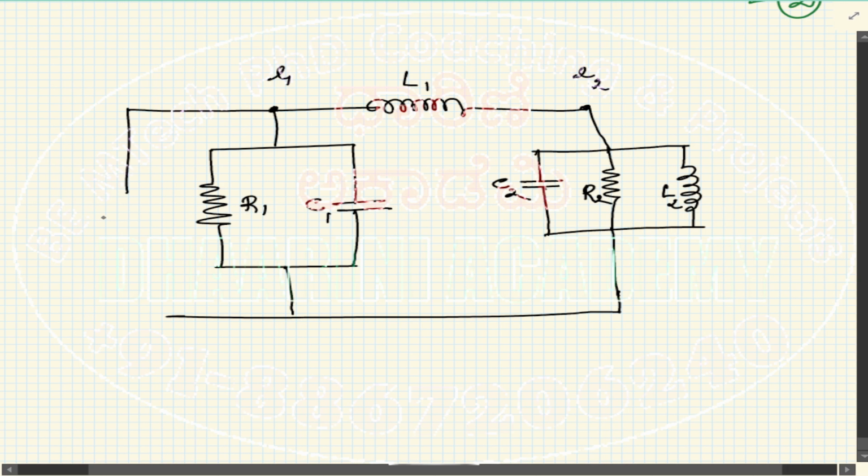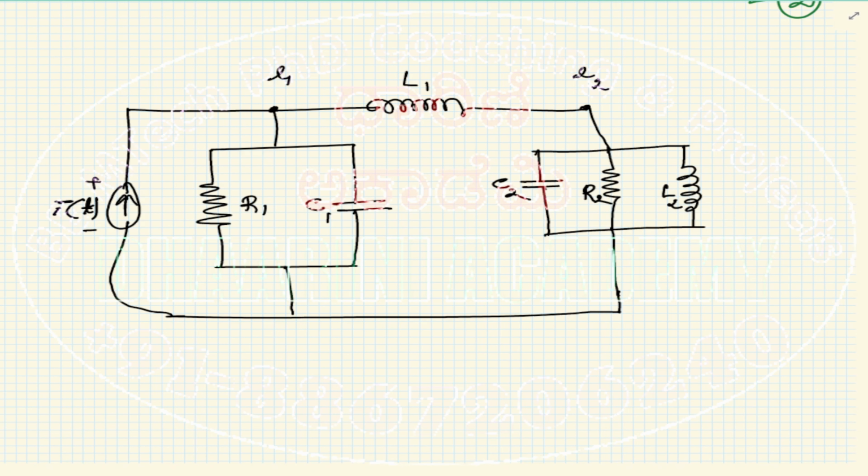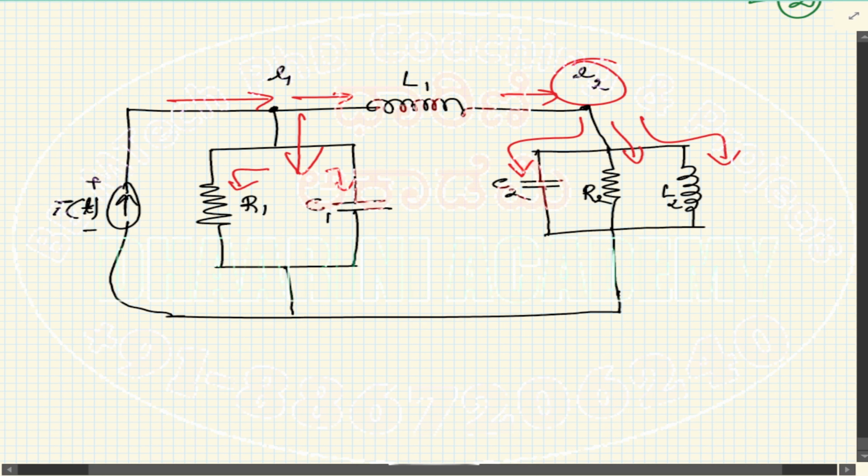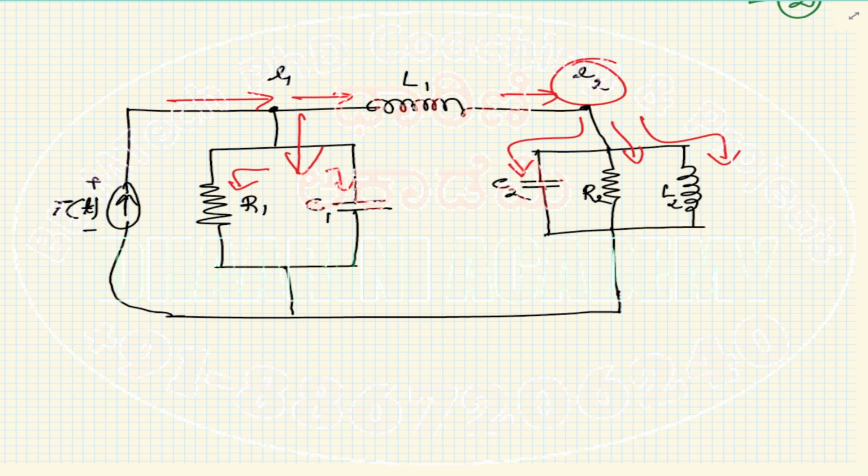Supply is in terms of current source. This is the supply. So as per our notation, this is the I of t. The current that is entering here initially gets divided into this. Then whatever current enters into this flows through the three different paths. So that's the meaning of the equations. From the equation itself, I am able to write this.